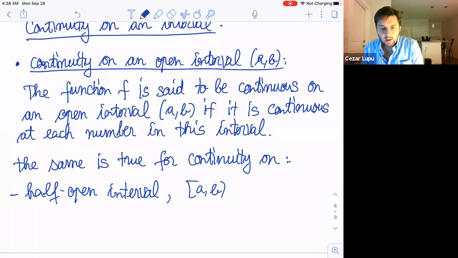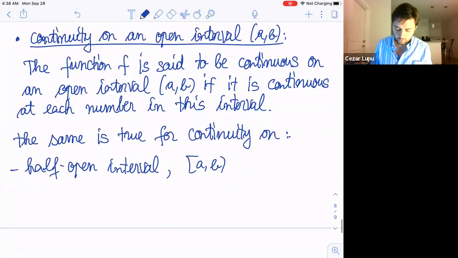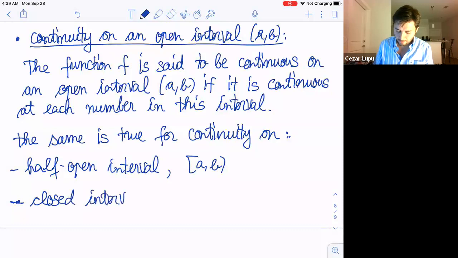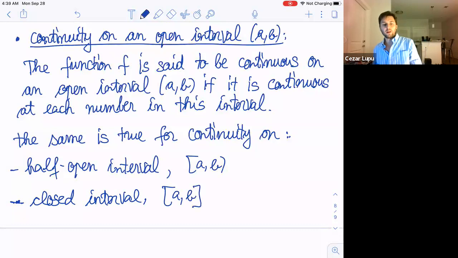So we will include A, but exclude B. The same thing happens. And the same thing will happen on a closed interval AB. So this time we'll include those two values, the endpoints A and B. So this will be nothing else than just the open interval reunited with these two endpoints A and B. Right, so we include both.